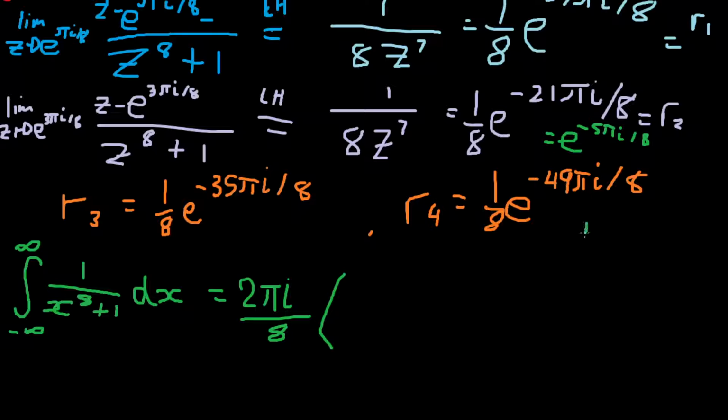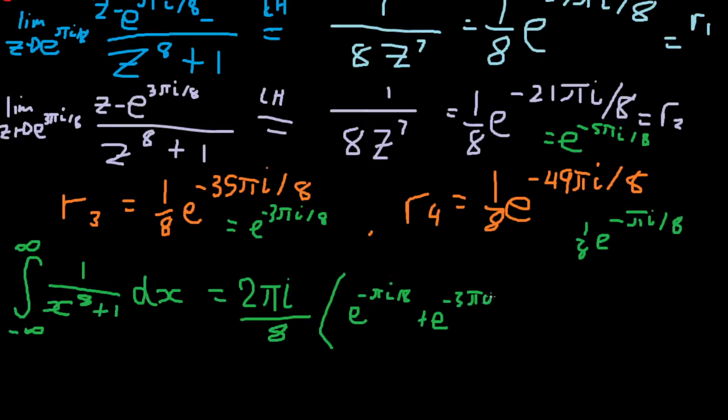Same deal here, this is just 1/8 e to the minus pi i over 8, and this one here is just e to the minus 3 pi i over 8. Okay? So we get e to the minus pi i over 8 plus e to the minus 3 pi i over 8 plus e to the minus 5 pi i over 8 plus e to the minus 7 pi i over 8.